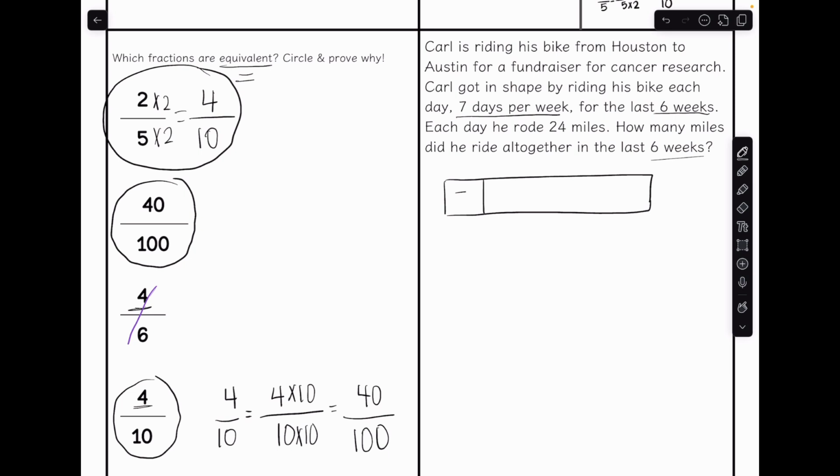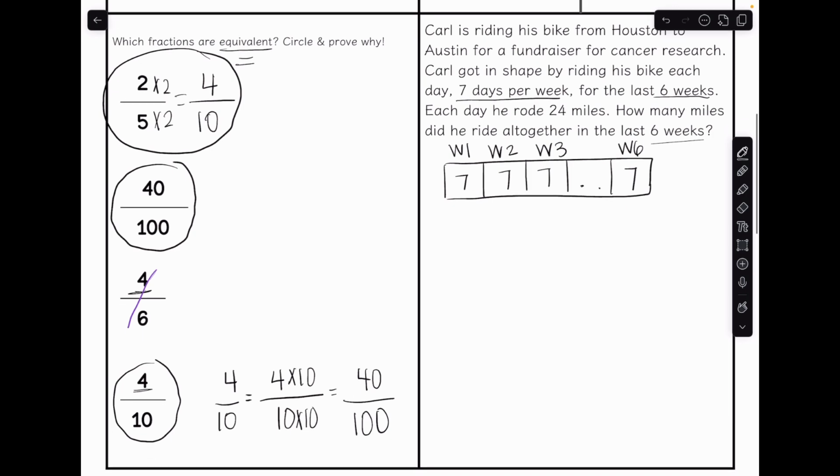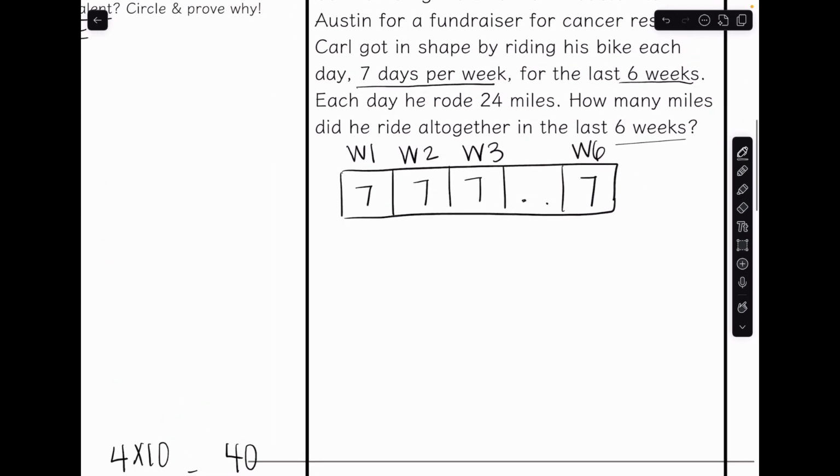Week 1, 7 days. Week 2, 7 days. Week 3, 7 days. And so on and so forth, all the way until we get to week 6, which is 7 days, right? In continuation, week 6, okay? And so we're going to have to find how many days did he ride?